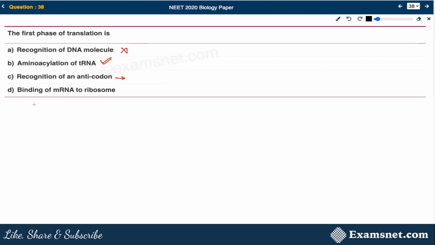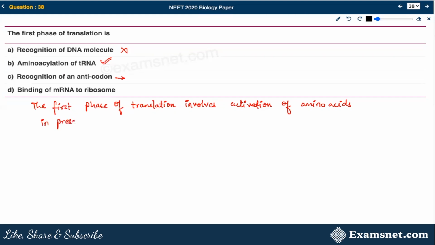So the first phase of translation involves activation of amino acid in the presence of ATP, because this is an energy requiring process, and linked to their cognate tRNA.